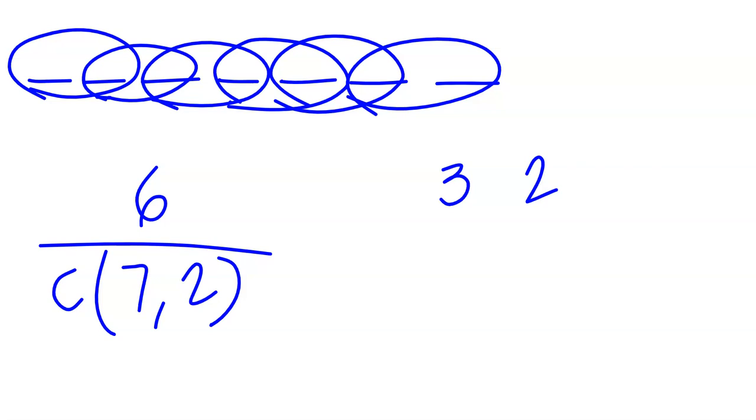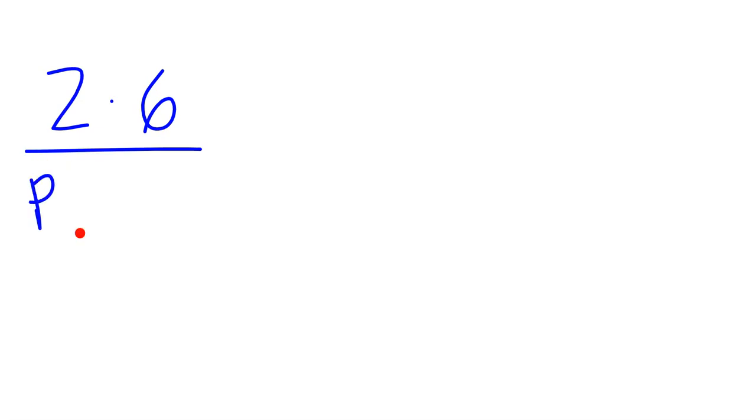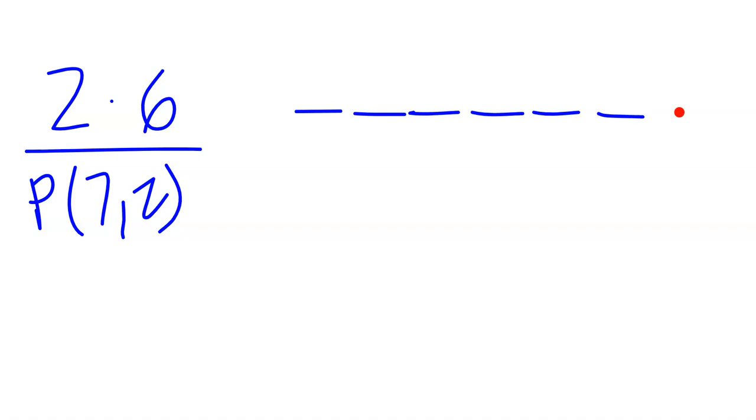Again, I can go over probably 4 different ways that my students in other classes have thought about this problem. Another common one was 2 times 6 divided by the permutation of 7, 2. I'll just do this on another slide: 2 times 6 over the permutation of 7, 2. This student said 1, 2, 3, 4, 5, 6, 7. Friend and you.